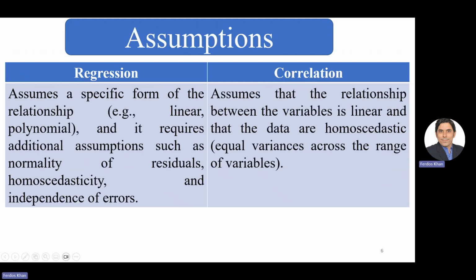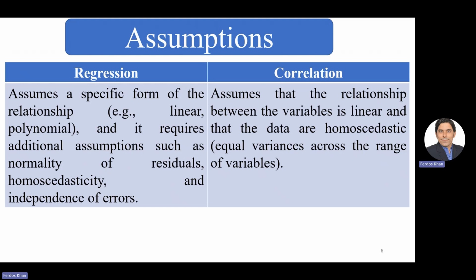Assumptions. Regression assumes a specific form of the relationship, e.g. linear or polynomial, and it requires additional assumptions such as normality of the residuals, homoscedasticity, and independence of errors. So in regression analysis, you may assume a linear, polynomial, or any other type of relationship.